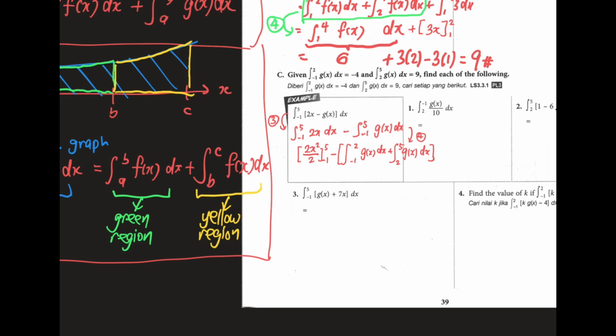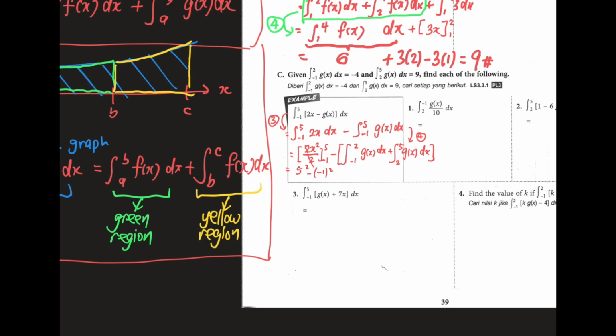Integration as usual. Then cut the 2 away, let's say. Okay, then as usual, you need to use the upper limit first. Use the 5 first. Substitute 5 into the x, 5 square, minus with, substitute -1 inside, -1 square.